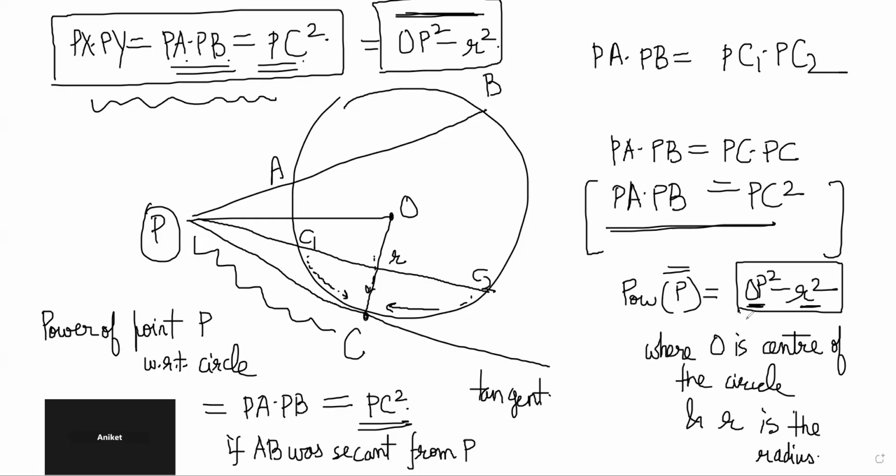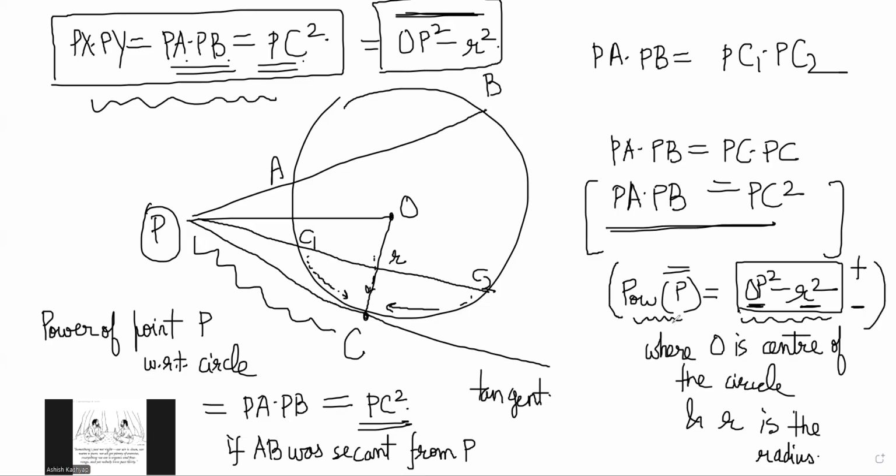There is no use as such; it comes out as positive or negative depending on whether the point is outside or inside the circle. The power of a point value can be positive, negative, or 0. If it is positive, you know that point P is outside the circle. If it is negative, it is inside the circle. If it is 0, then it is on the circle.